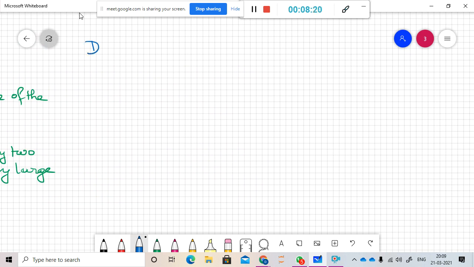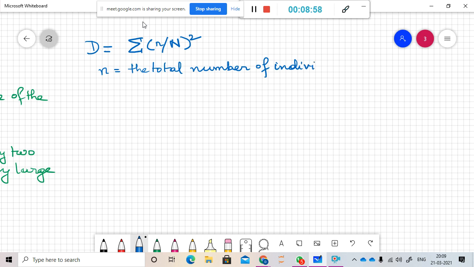First is D equal to the summation, sigma, of small n by capital N, whole square, where small n equals the total number of individuals of each species, of one species, say, and capital N is equal to the total number of organisms of all species.